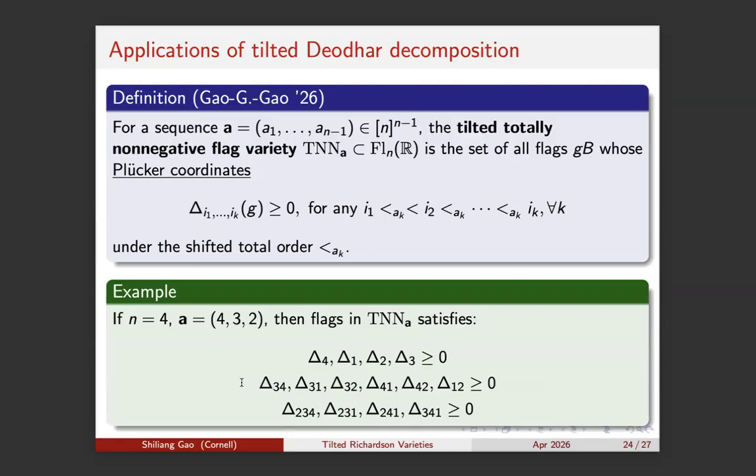So the non-negative Plückers are delta 3,4, 3,1, 3,2, 4,1, 4,2, and then 1,2. So if we just take, let's say, the determinant of the 2 by 2 matrix with row indices 2 and 3, that's negative delta 3,2. And similarly for the 3-element subsets.